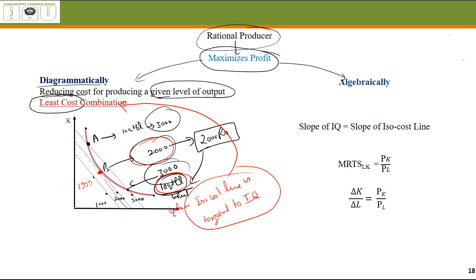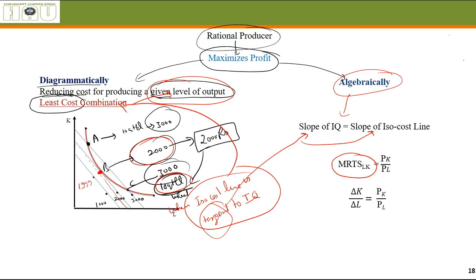That is the cheapest, it will tell us the least amount of money with which we can produce our desired level of output. If you see it mathematically, tangent means the slope of the isoquant will be equal to the slope of the iso-cost line. Slope of isoquant means the marginal rate of technical substitution between labor and capital, because labor is on the x-axis, and slope of the iso-cost line is PL by PK.